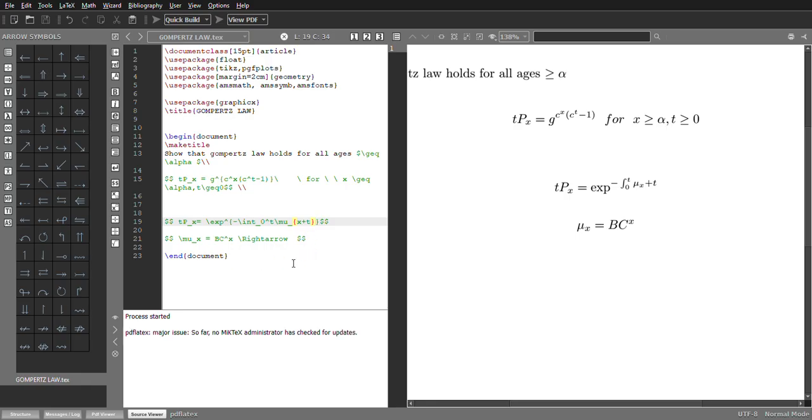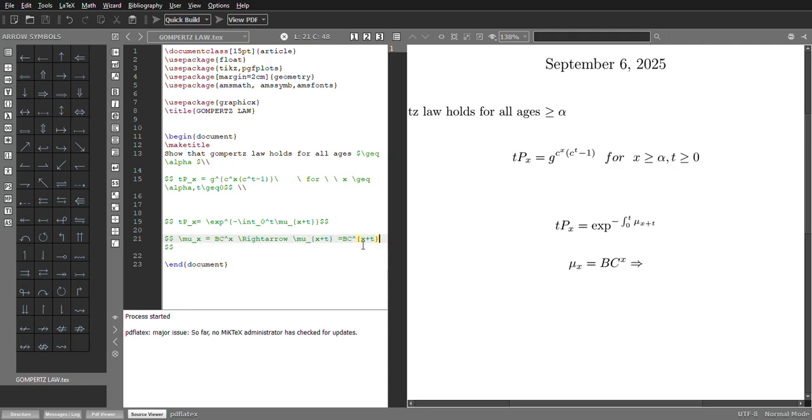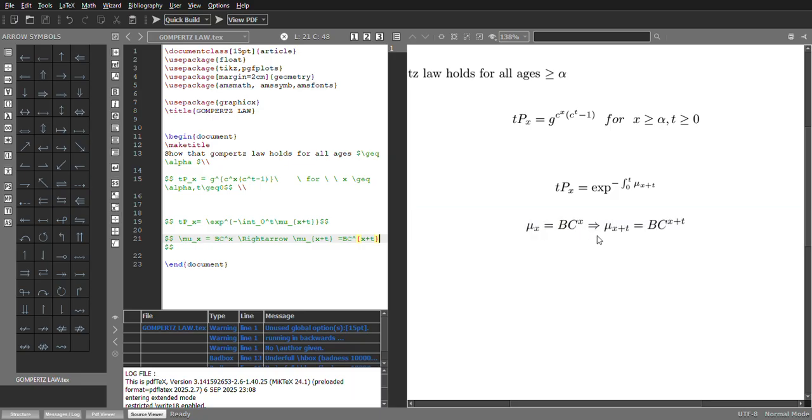So mu x plus t should be given by B c raised to x plus t.